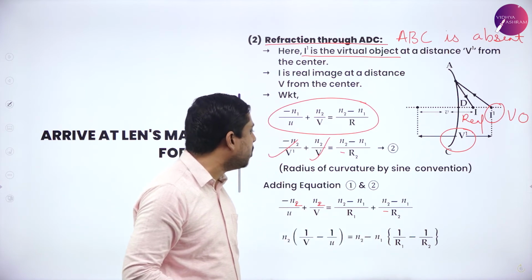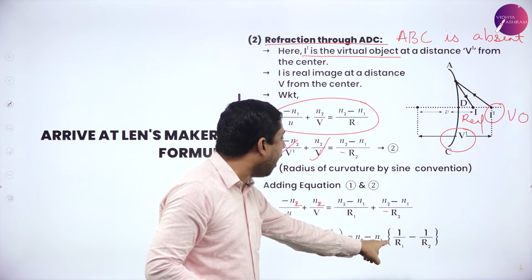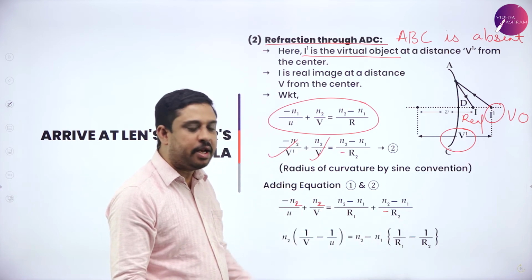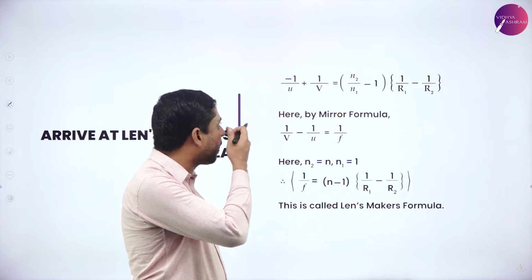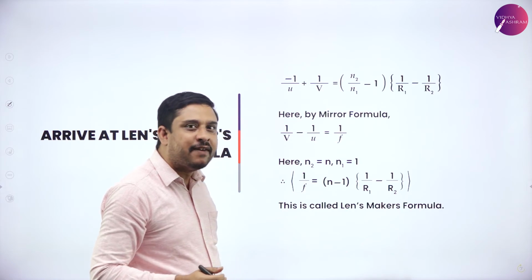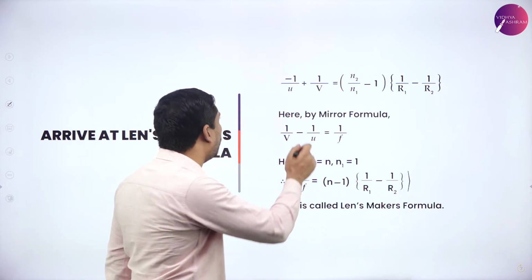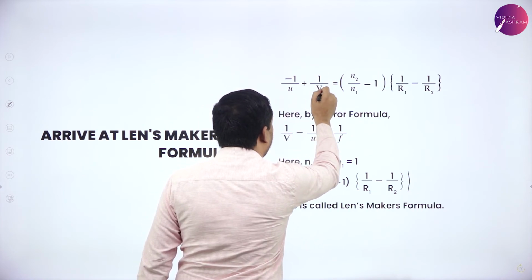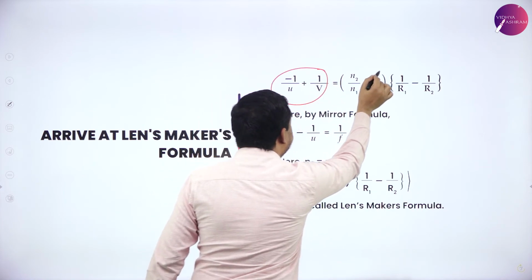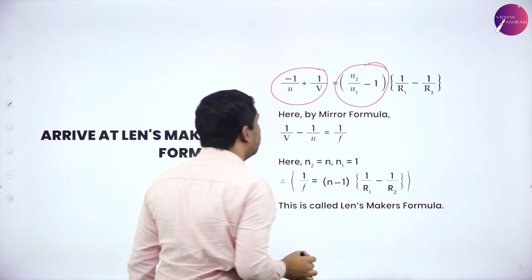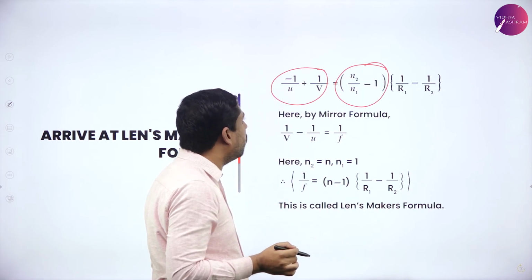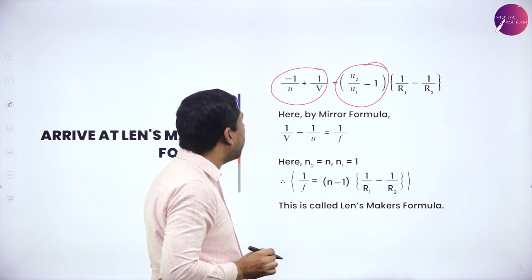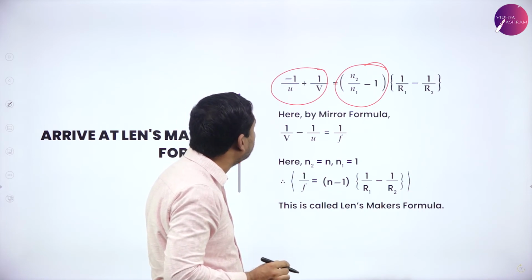N2 minus N1, 1 by R1 minus 1 by R2. Or dividing throughout by N2, minus 1 by U equals 1 by V. N2 by N1 minus 1, 1 by R1 minus 1 by R2.